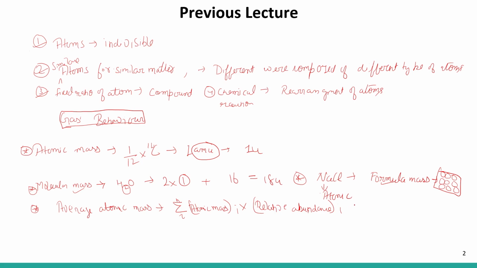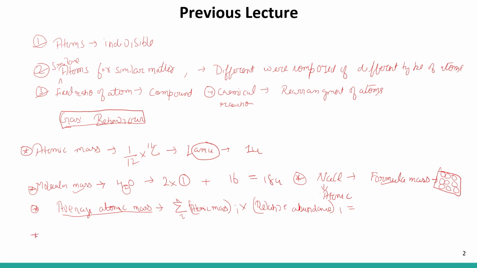So in our day-to-day calculation of science, we use this average atomic mass rather than the actual, because practically it is not possible to calculate each and every atomic mass and then do it, so we take its average. So this was the thing.